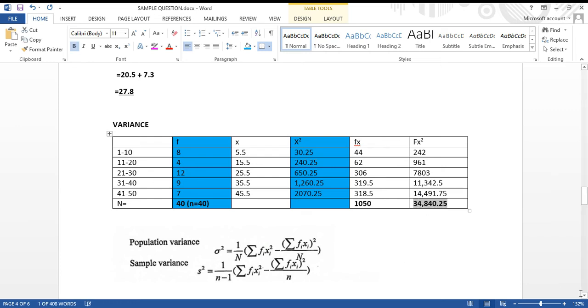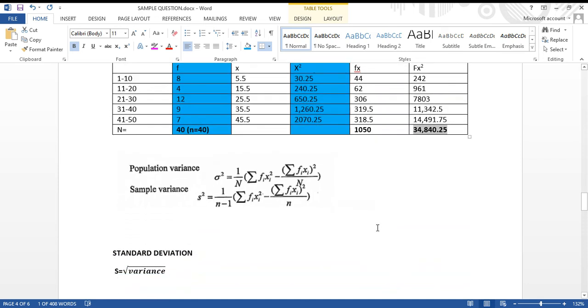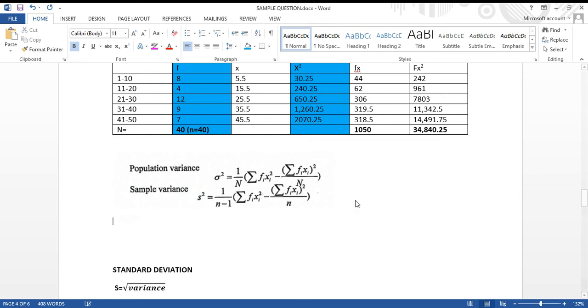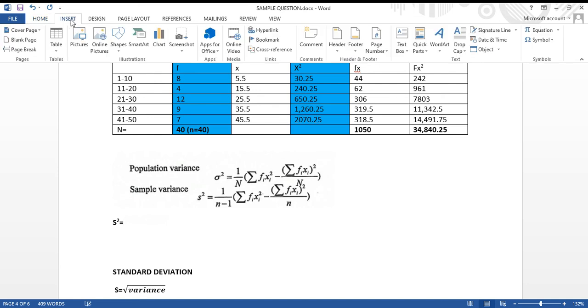So we can go into our formula now to get our variance. We're going to say s squared equals, let me insert a fraction.